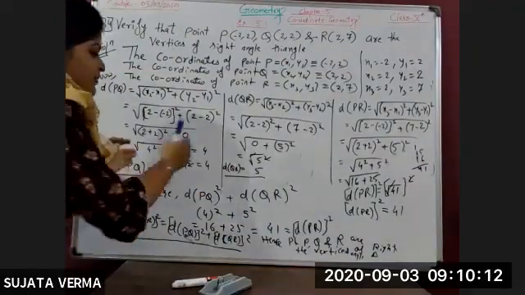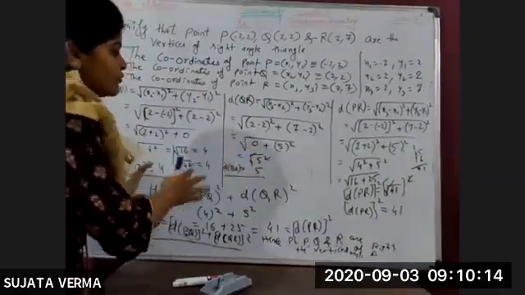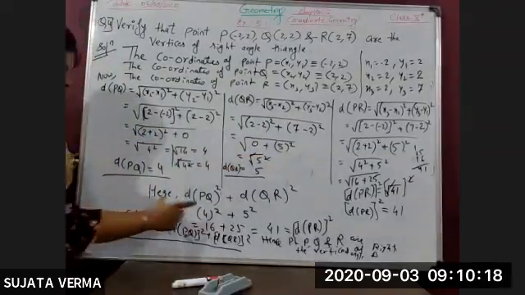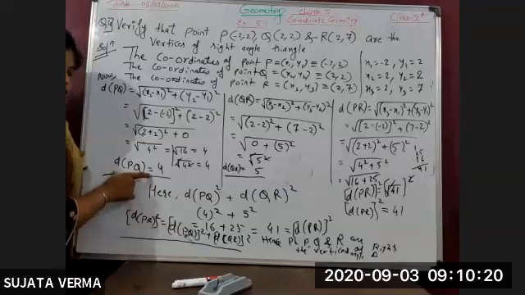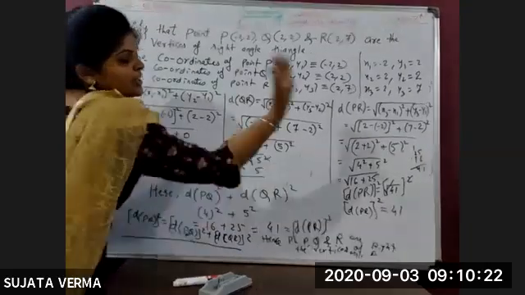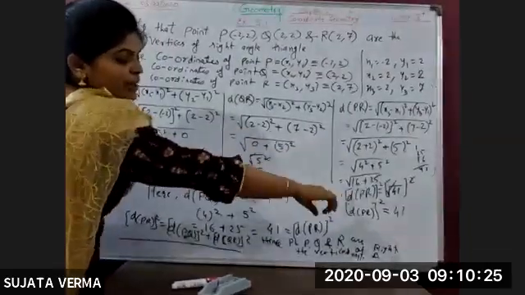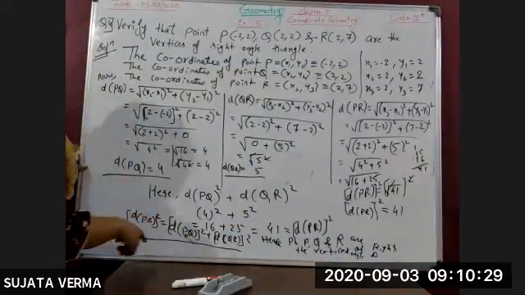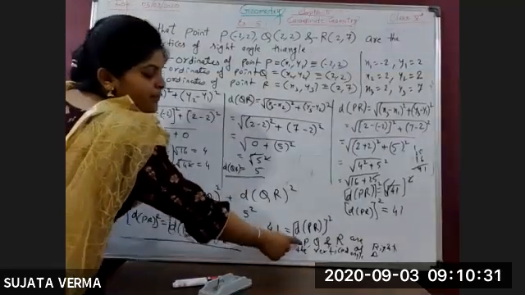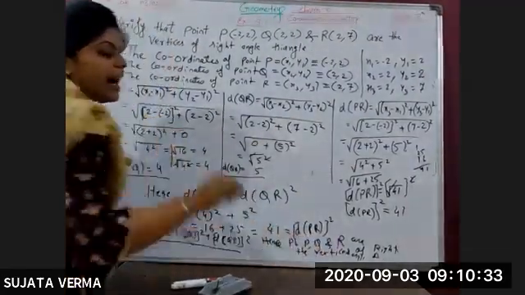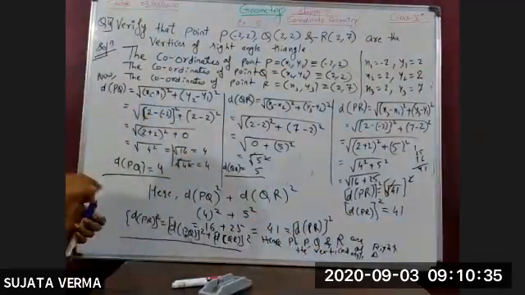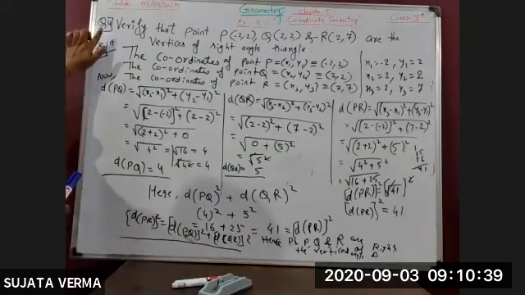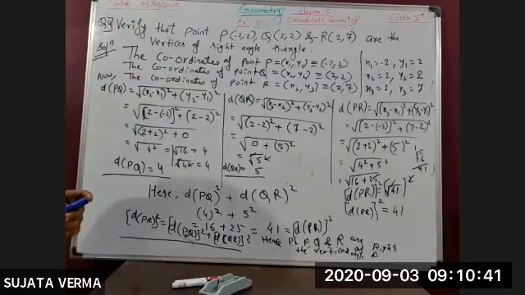Then we check which of the squares of the two sides is equal to the square of the third side. After checking, we get PQ square plus QR square is equal to PR square. Hence, we conclude that points P, Q, R are the vertices of a right angle triangle. Clear? So in this way, you can solve this type of question.